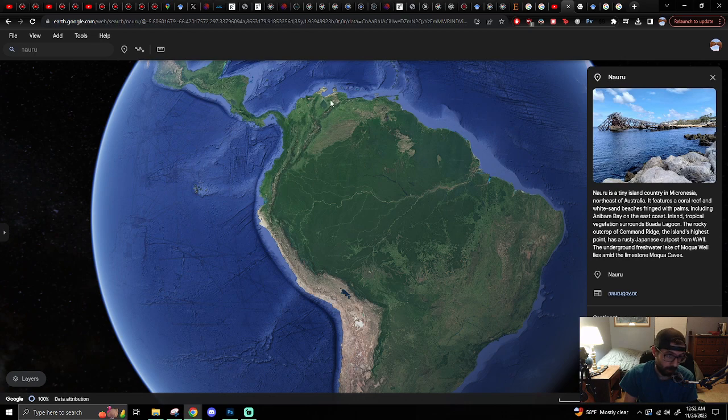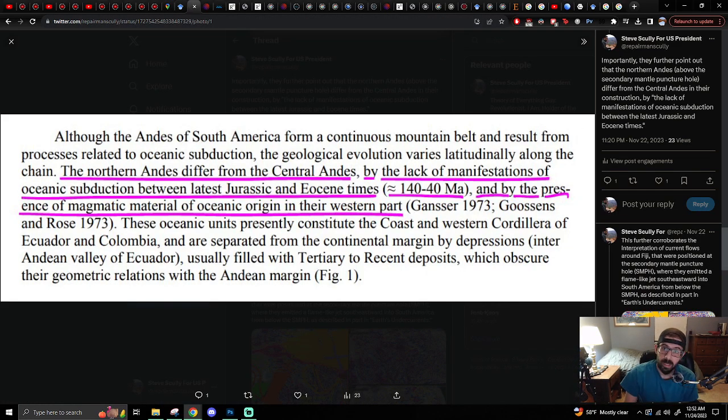These are the northern Andes, above the secondary mantle puncture hole, basically. The northern Andes differ from the central Andes in their construction by the lack of manifestations of oceanic subduction between the latest Jurassic and Eocene times.